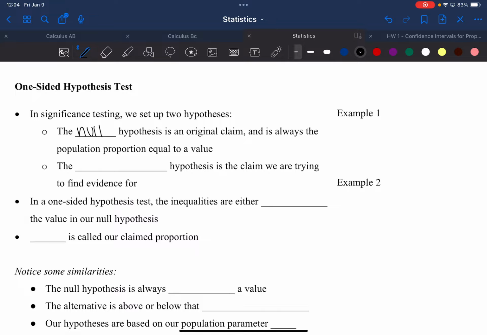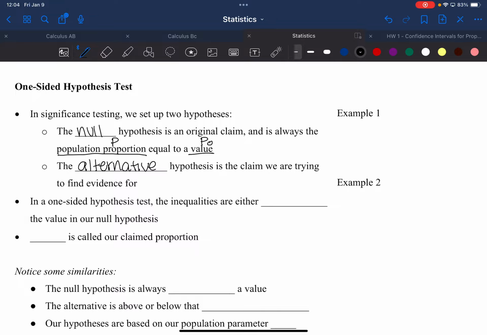So remember, population proportion is P, and our value is going to be P naught. So our P naught is just a number, and that number you're going to find in the problem. The alternative hypothesis is the claim we're trying to find evidence for.